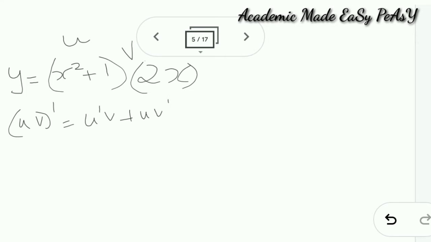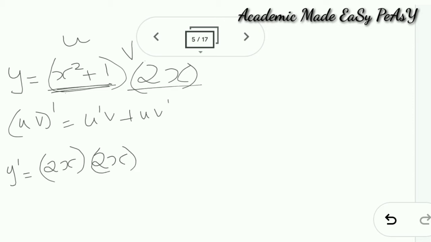So what I will do is y dash or dy by dx as, first let me take the derivative of this. What is the derivative of this here? x square will become 2x and plus 1 will become 0. So my u dash is over. What is my v now? 2x, so 2x should be written as it is.